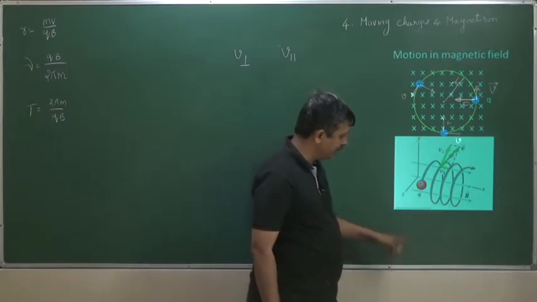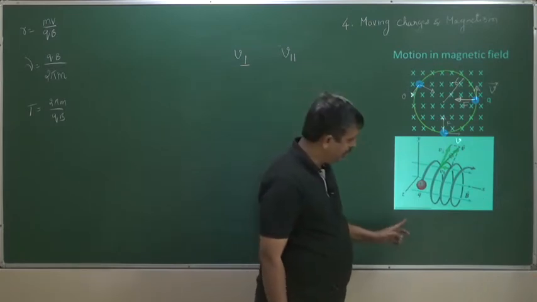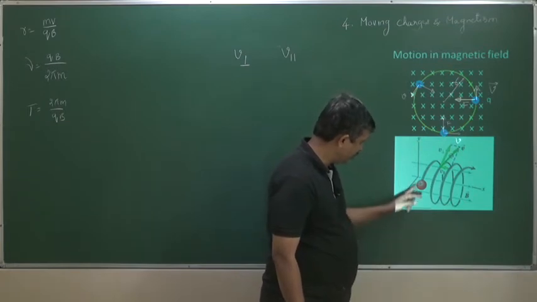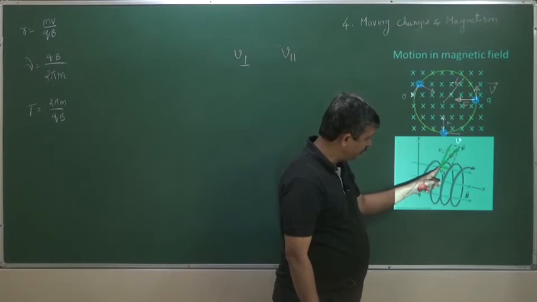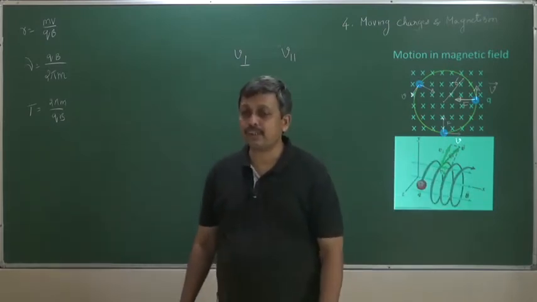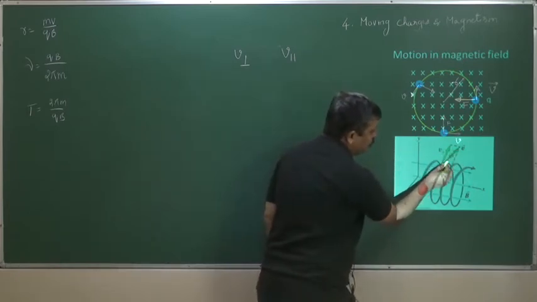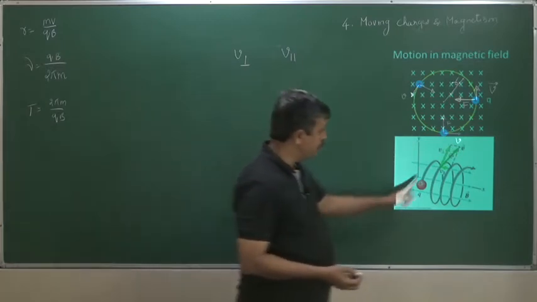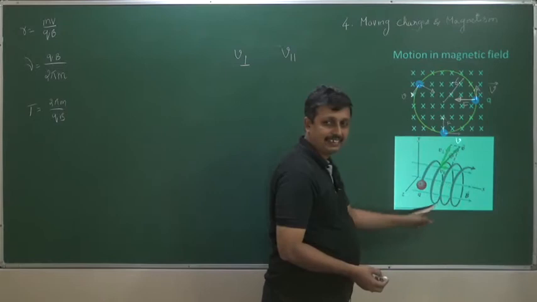If you start with the x, y, z coordinate system, in the x direction we have B, and in the y direction the charged particle has a velocity which is not exactly perpendicular to B. You can split that into two parts, one perpendicular to B and one parallel to B. The perpendicular one will make the charged particle go around the x axis.